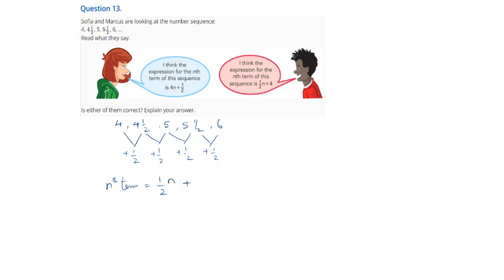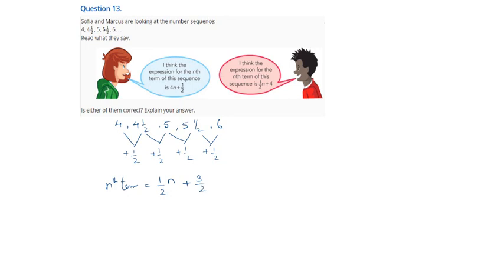Now let us find out what that something is. If you put n is equal to 1, this will become 1 by 2. 1 by 2 plus something should give us 4. 1 by 2 plus something means 3 by 2. If you add 3 by 2, then only you will get 4.